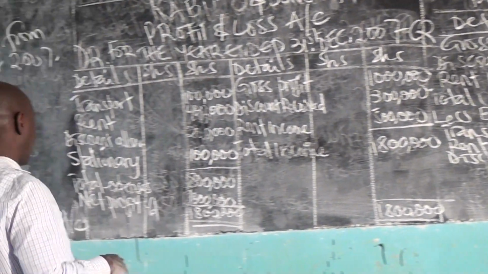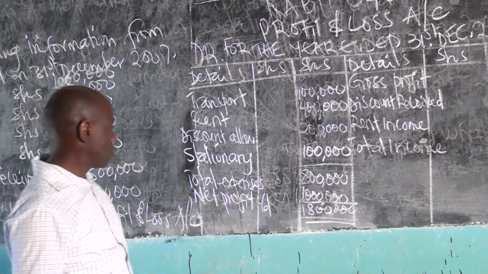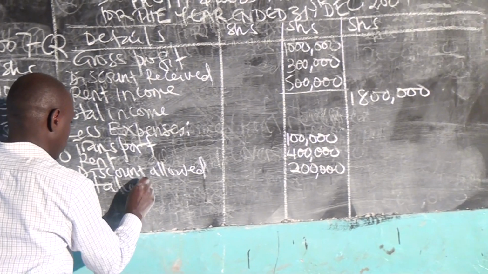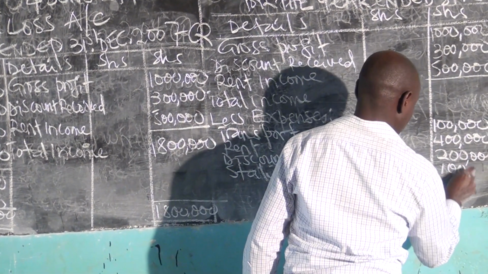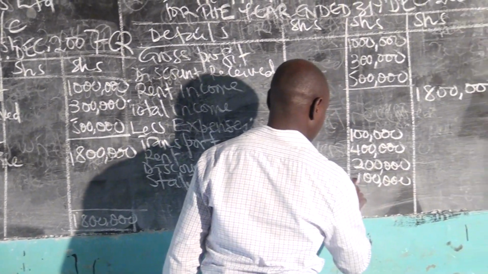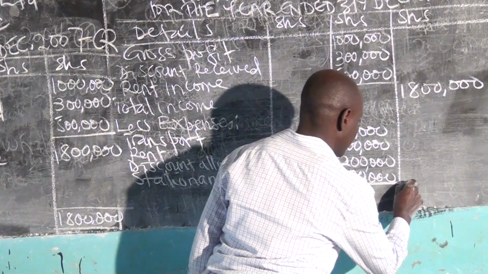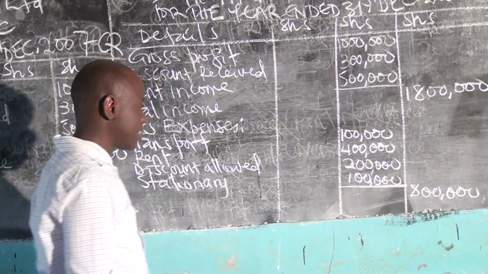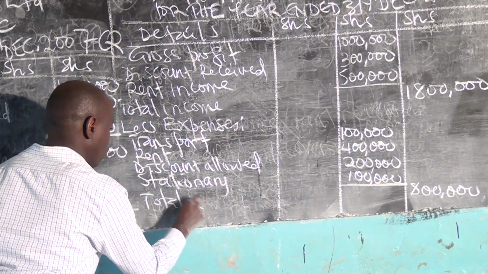Then we have stationery, 100,000. When you add here, you will get your 800,000. And the 800,000 stands for total expenses.